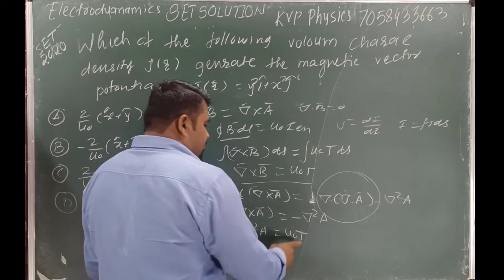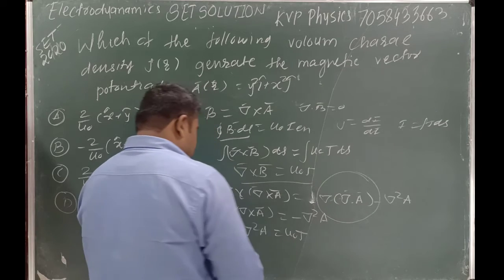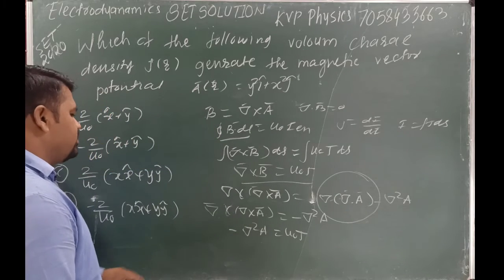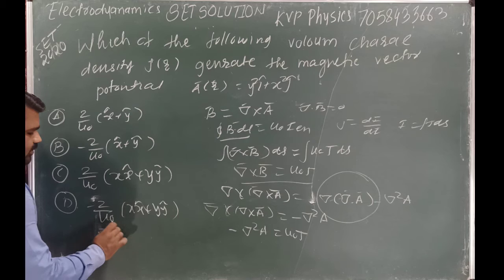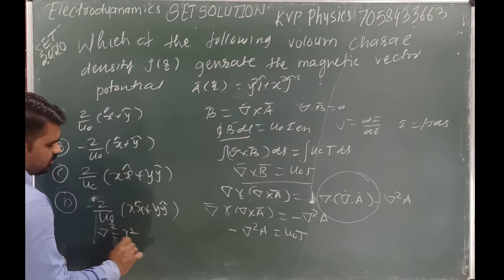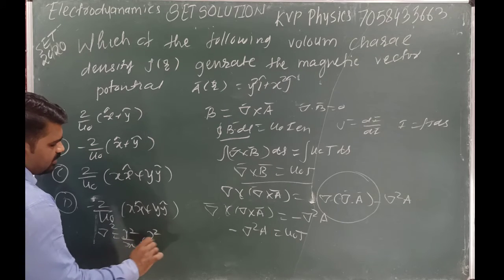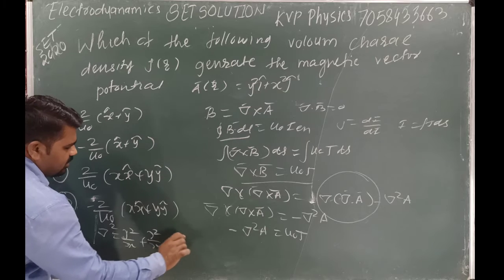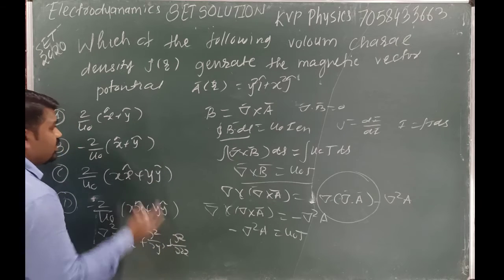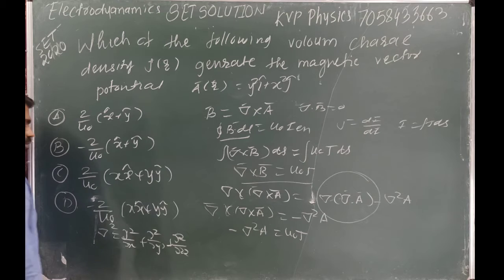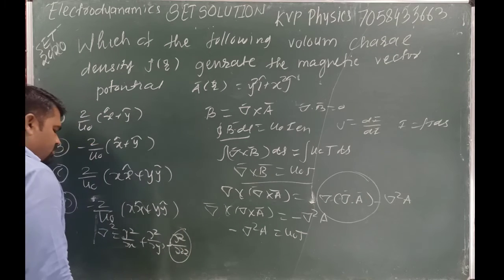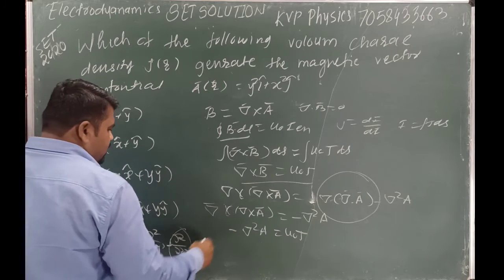Our aim is to find the J value, so simply take the double derivative. Del square is double square upon double x square plus double square upon double y square plus double square upon double z square. But A does not depend upon z, so that part is 0.